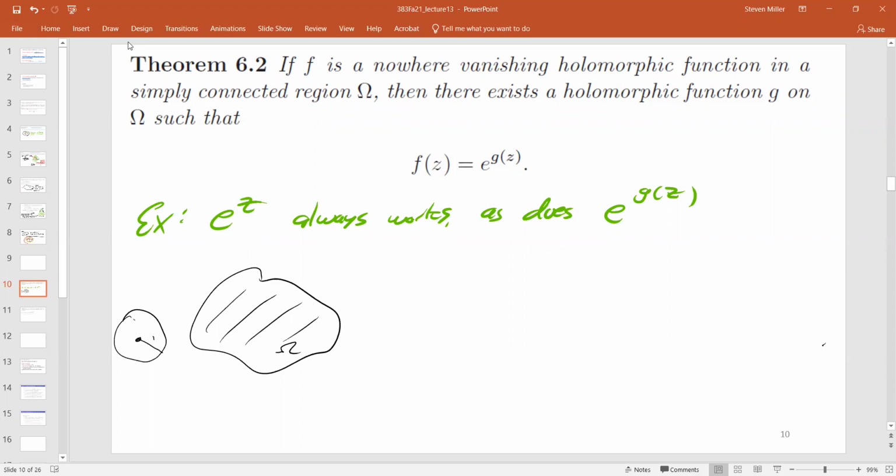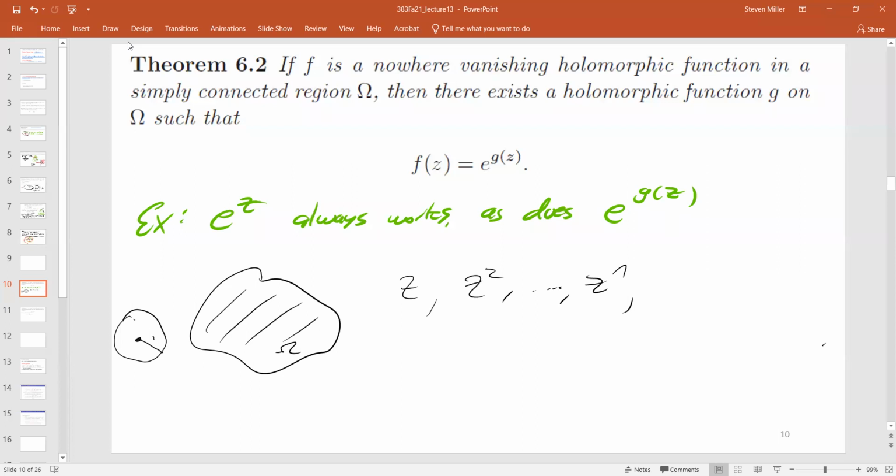Z plus 2, right? Because z only vanishes at the center of the disk. Give me another function. Constant function. Z squared. Z to the n.